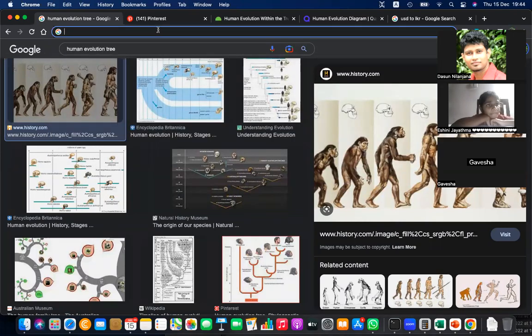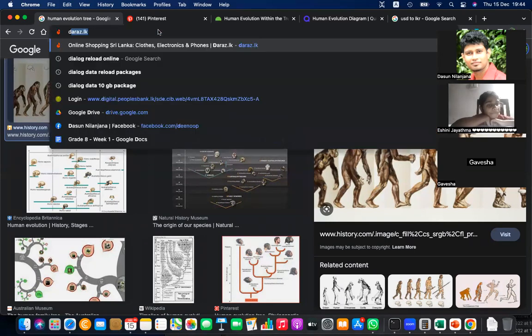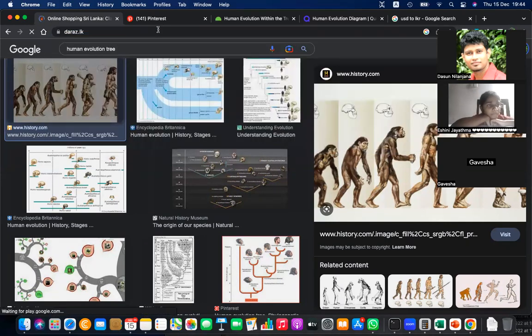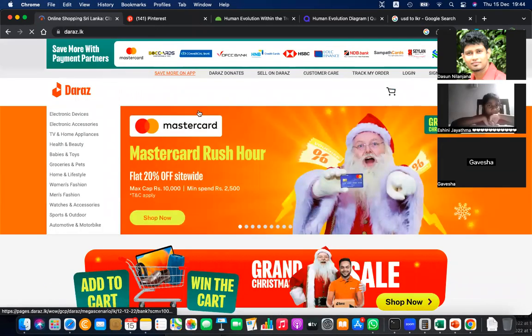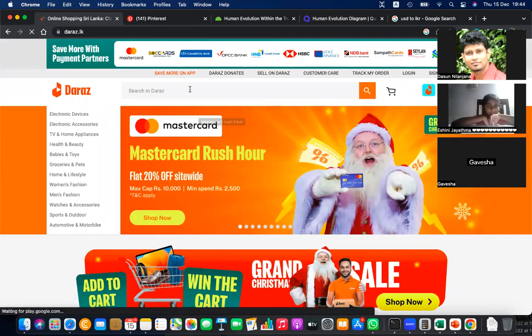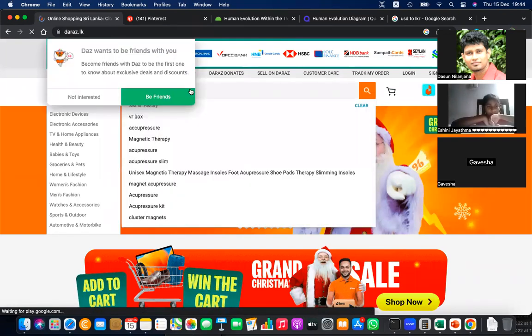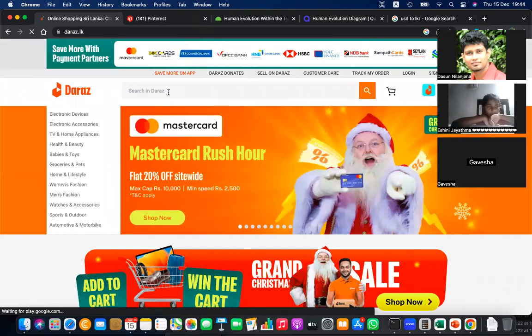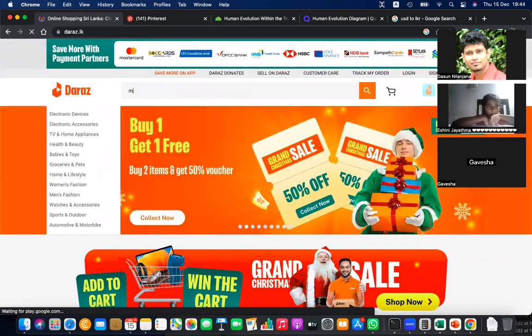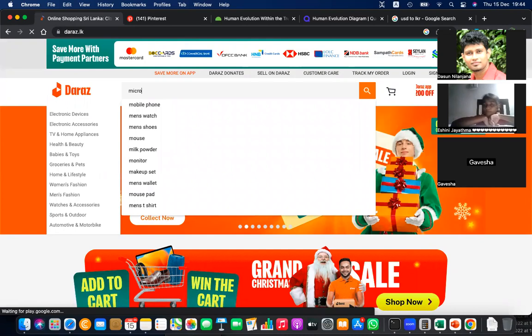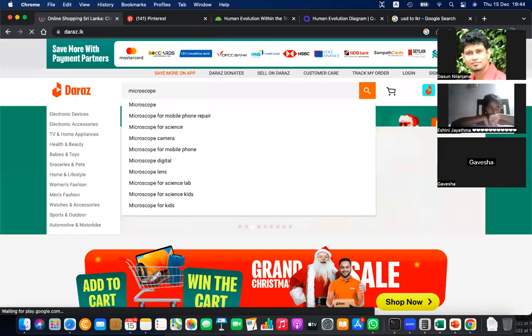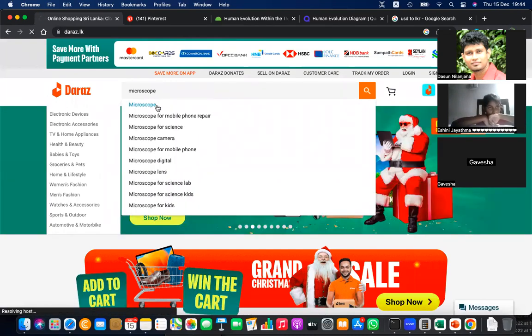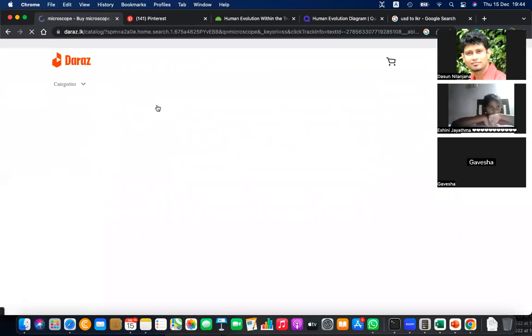That's why I'm suggesting this to you. You can get this from Daraz shopping, so you can buy this. This is not very costly, but this will be really useful for your studies in future. This is a microscope. Actually, there is one with an LED bulb, and that will work.